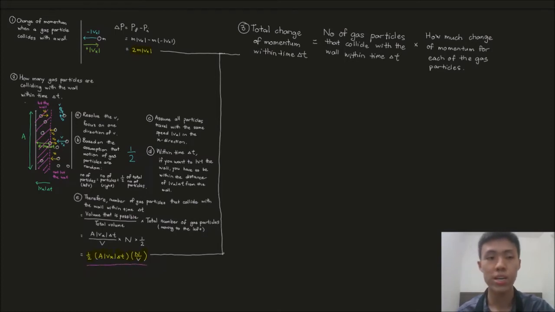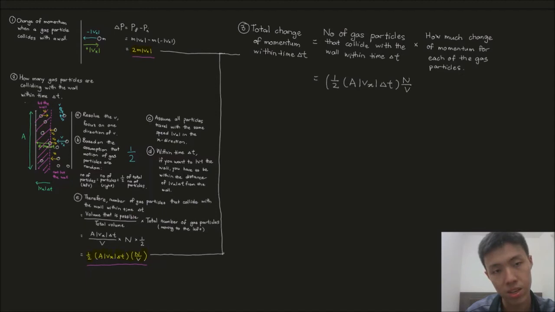And we will multiply it with how much change of momentum for each of the gas particles, which is something that we found up here in section 1. So let's just multiply these two things together. It will be half times A Vx delta T over V, then multiplied with 2mVx.